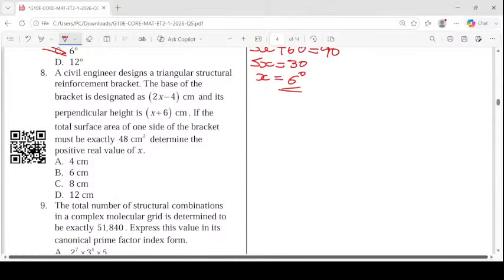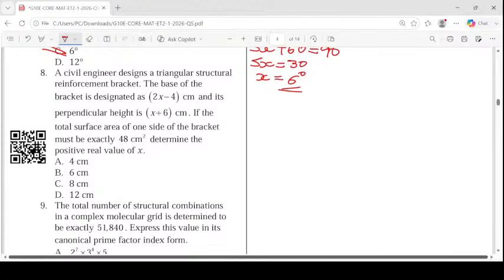In question number 8, you are being told a civil engineer designs a triangular structural reinforcement bracket. The base of the bracket is designated as 2x minus 4 centimeters, and its perpendicular height is x plus 6 centimeters.